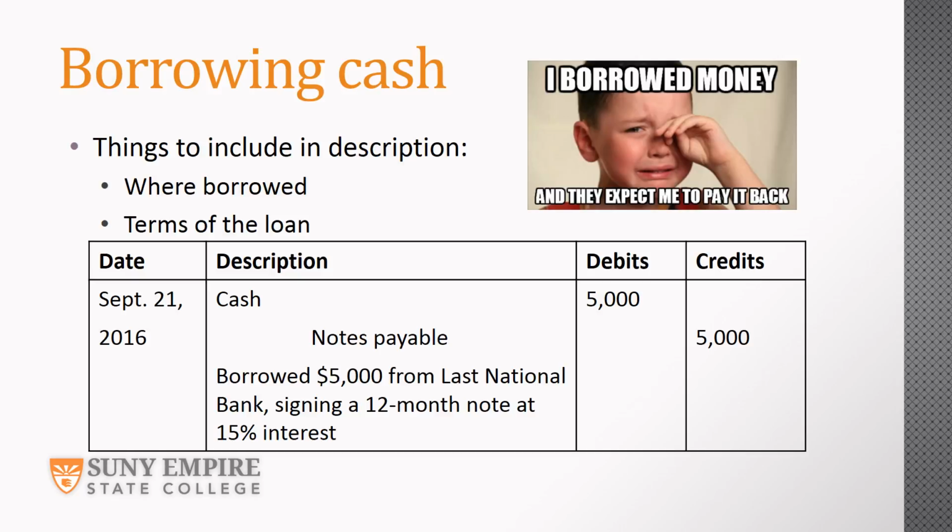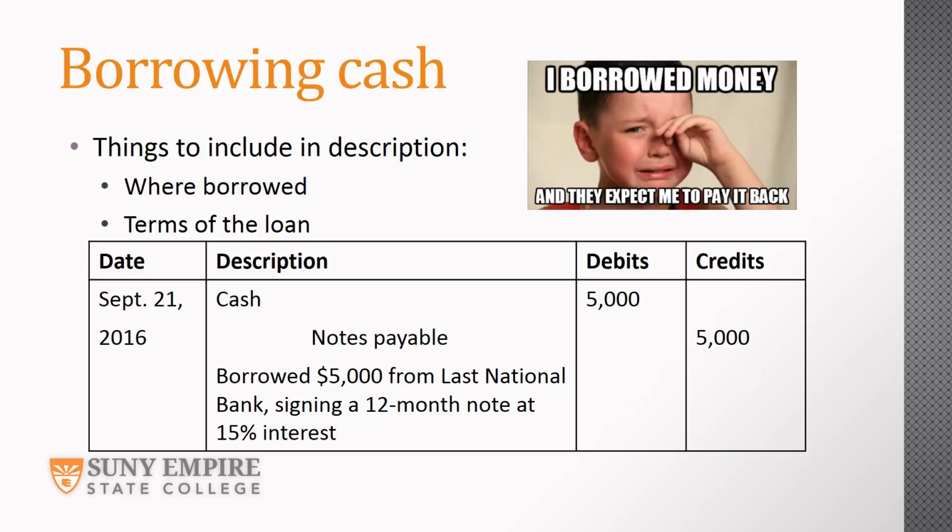For example, suppose Polly's Plushies, a company that produces and sells stuffed animals, borrows $5,000 from the Last National Bank on September 21st, 2016 on a long-term note. What would the general entry look like?